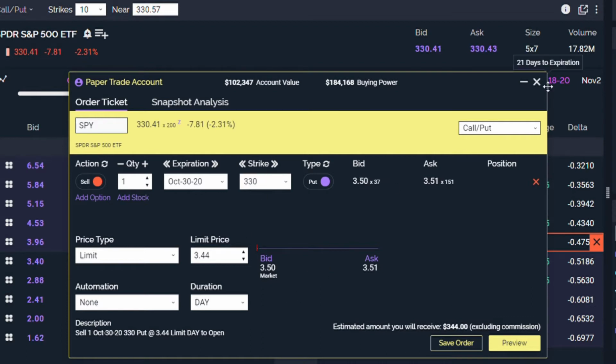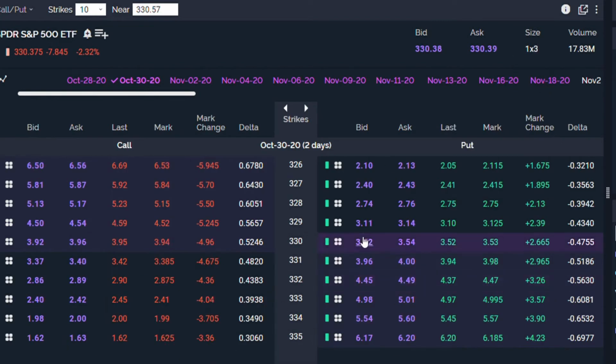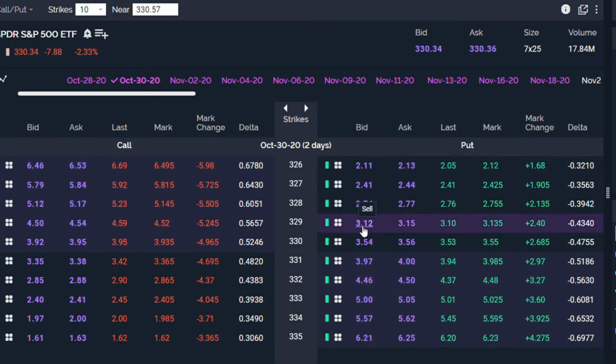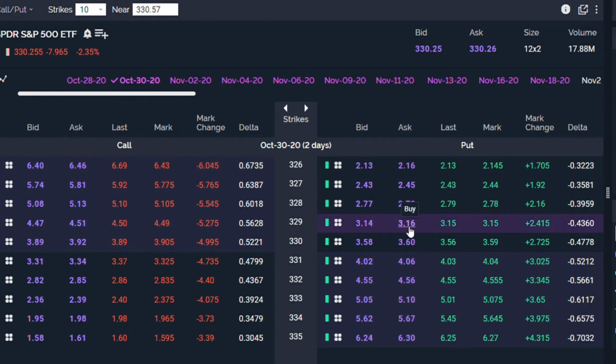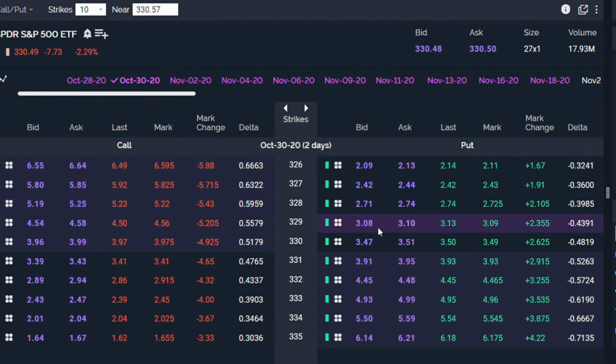Our bid is the selling. We can sell this put right now for this price, and we can buy a put for this price right now. That's what is called the spread. Like in this example, we have a 3-cent spread between the bid and the ask.